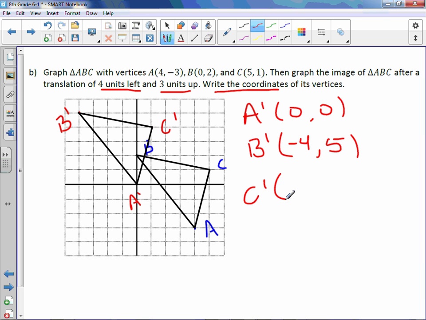And C prime is (1, 4). It's very important to make sure you're labeling everything and that you write the coordinates.